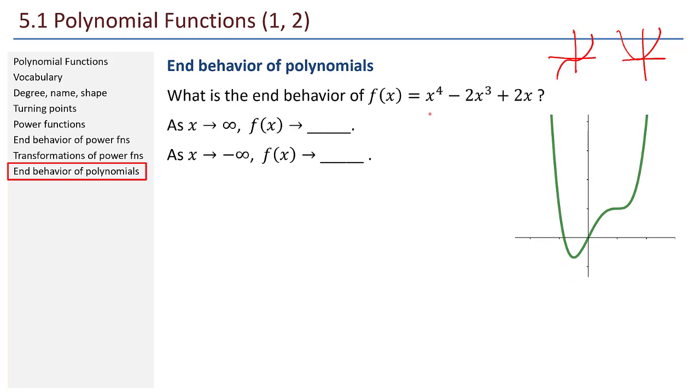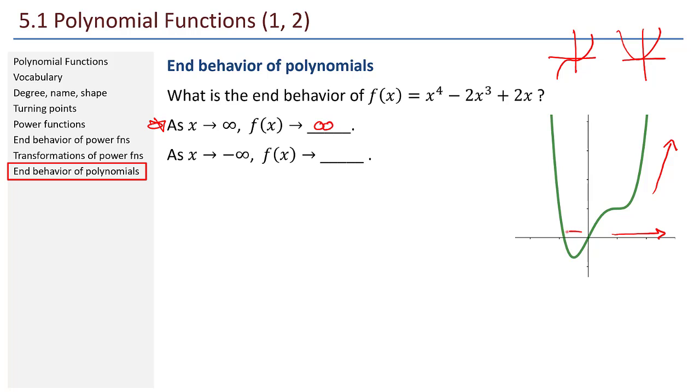This is the graph of f of x. So it turns out that as my x gets bigger and bigger, those y values, those function values, get larger and larger also. So this is how I fill in the first blank. As x increases to infinity, f of x, that's the y values, also increases to infinity. Now what about as x goes to negative infinity?